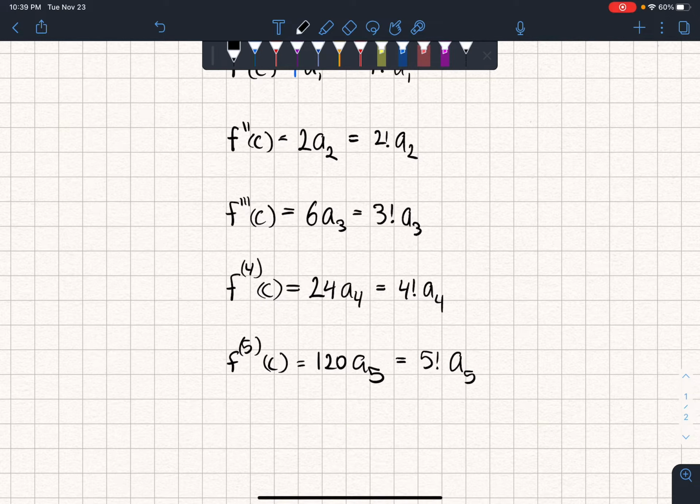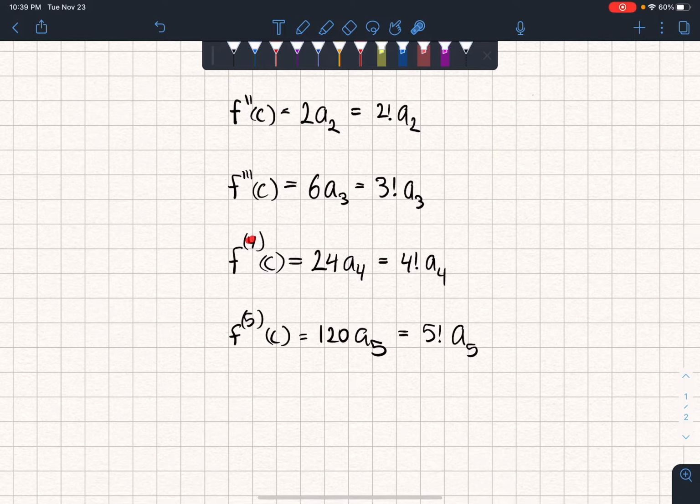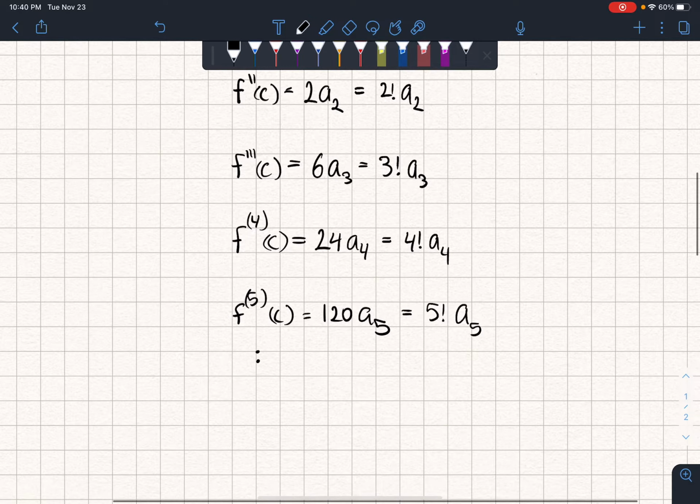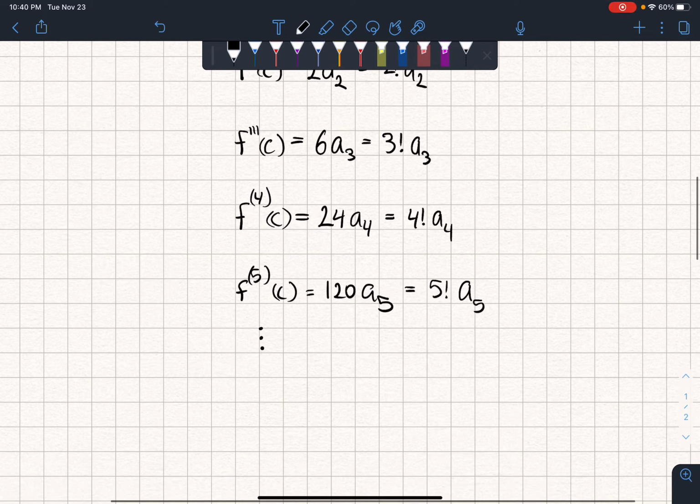And now here's the jump. If we have the fourth derivative, 4 factorial a sub 4, and the fifth derivative, 5 factorial a sub 5, we should be able to make the jump and say, if we take the nth derivative evaluated at c, that should be equal to n factorial times a sub n.